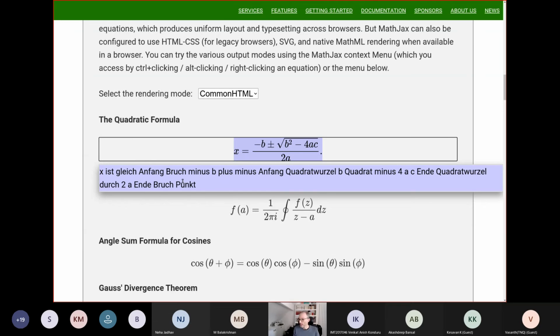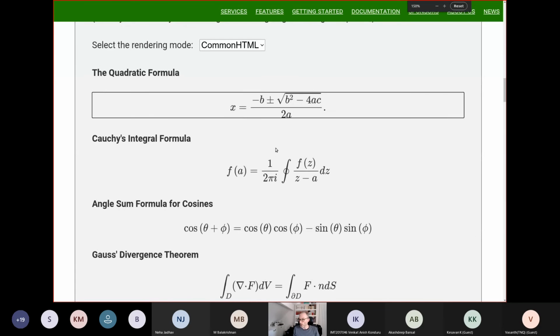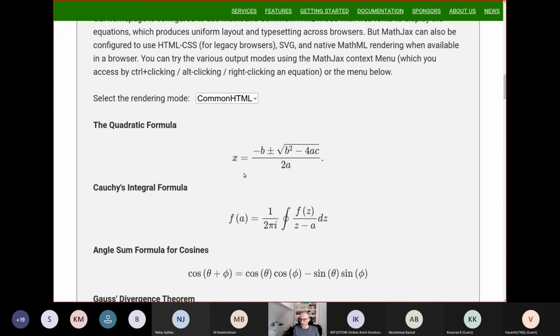Apparently that's German. So you can read it in various languages, and it's fully scalable as well.